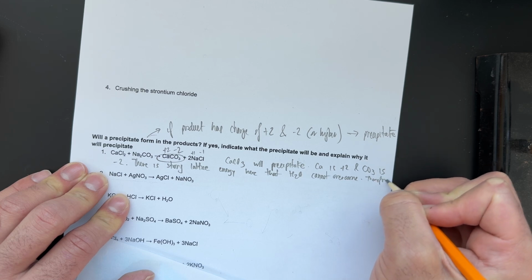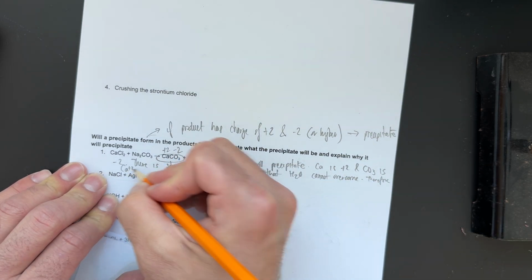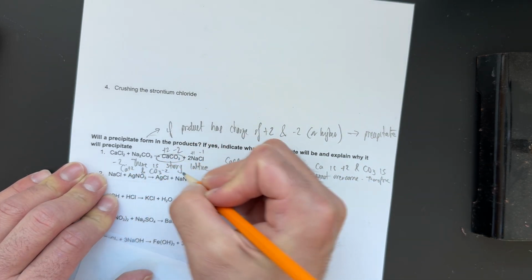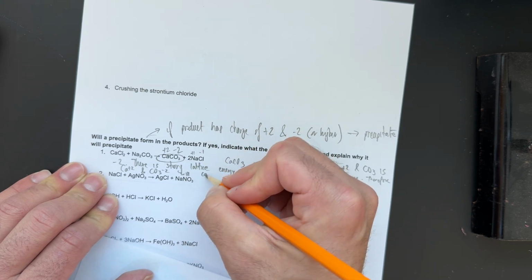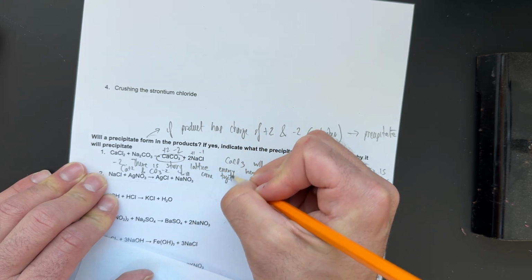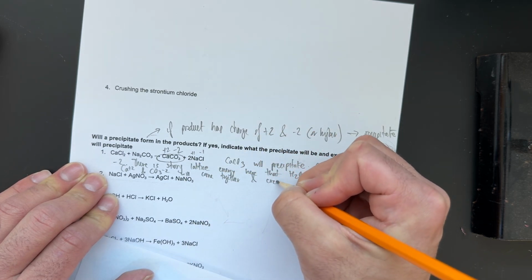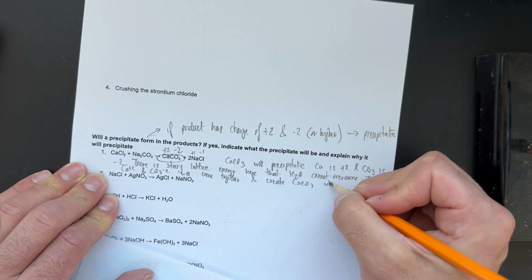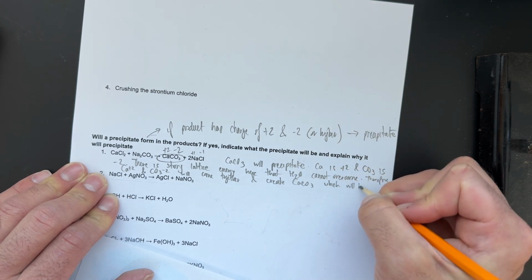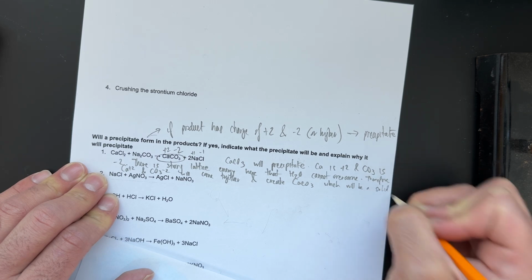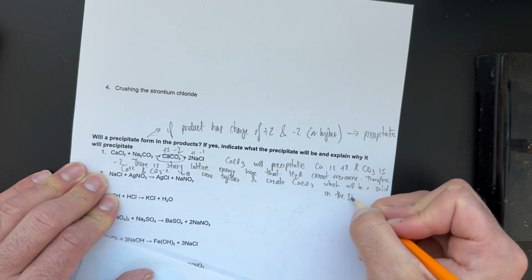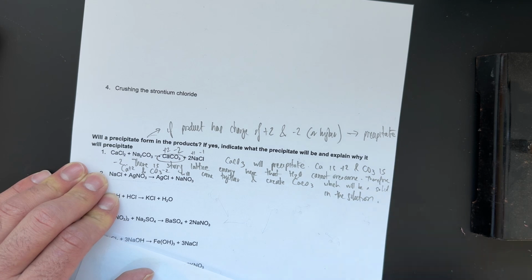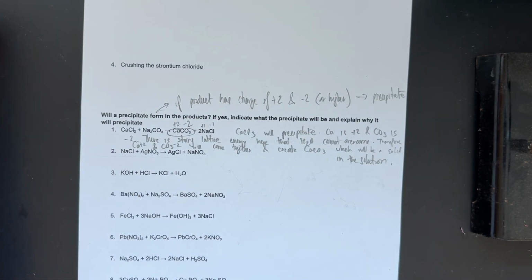Therefore, Ca +2 and CO3 2- will come together and create CaCO3, which will be a solid in the solution, which is what a precipitate is by definition, right? And so that's how you do that type of problem.